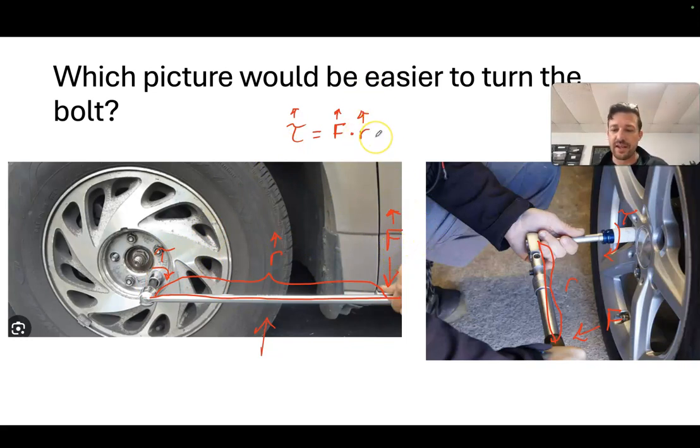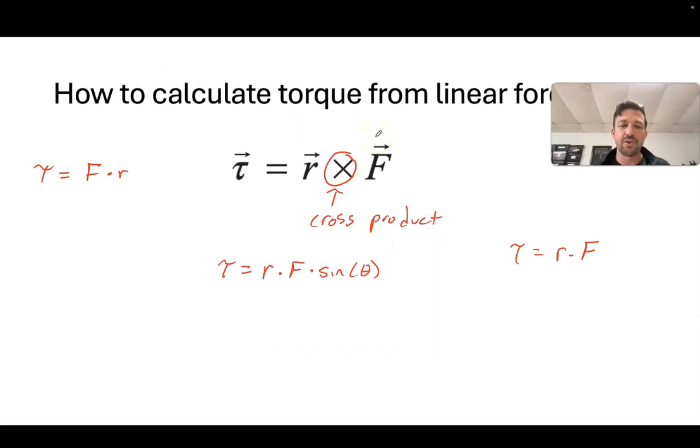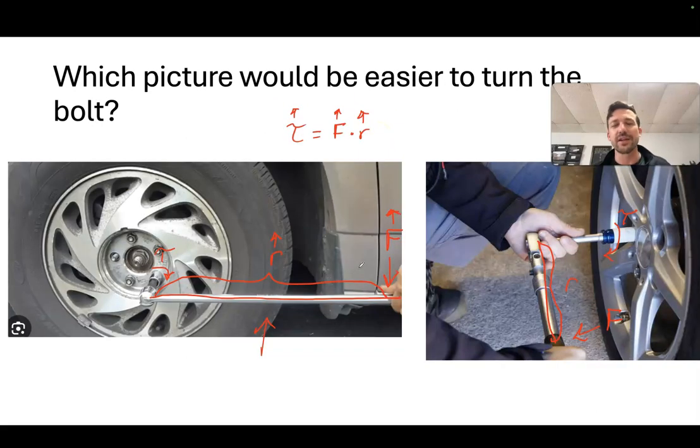Now, we said that it had that cross product, right? And you're wondering, why would I need to do the sine? I've never seen them do this on the AP exam, except for conceptual things, not actually calculating. If you apply the force directly onto it, then you can just use this. But let's say you apply the force at an angle. Not all the force you're applying is put into the turning of this wrench, because you're applying it at an angle.